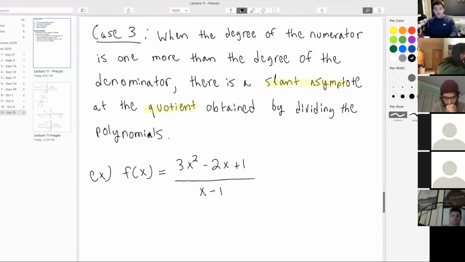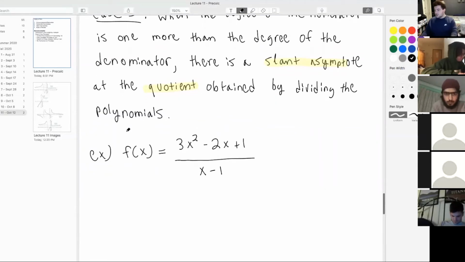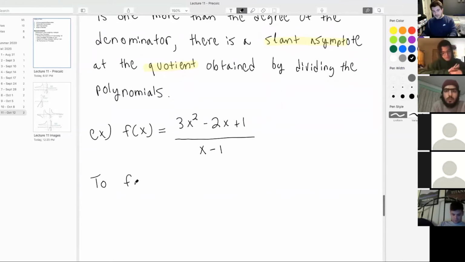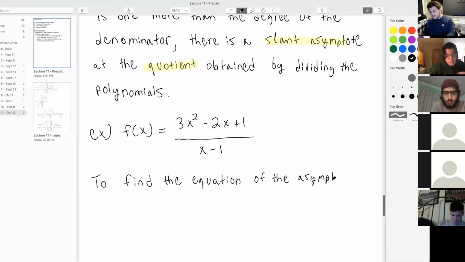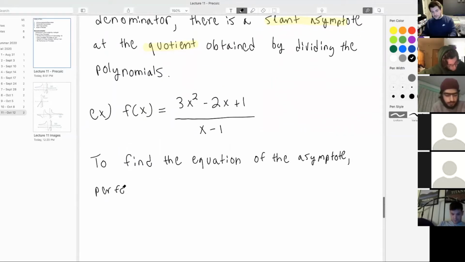Okay, so what case 3 is telling us is that we actually need to carry out this polynomial division to find the slant asymptote. So to find the equation of the asymptote, perform the division.